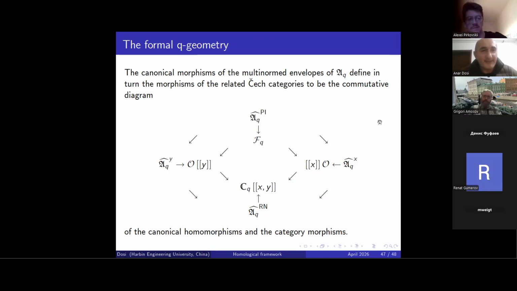Another question is, are there any news about the case where the absolute value of Q is 1, where the operator is contractive? Yeah, that's right. So all these examples are also quite different. We have standard analytic geometry models.